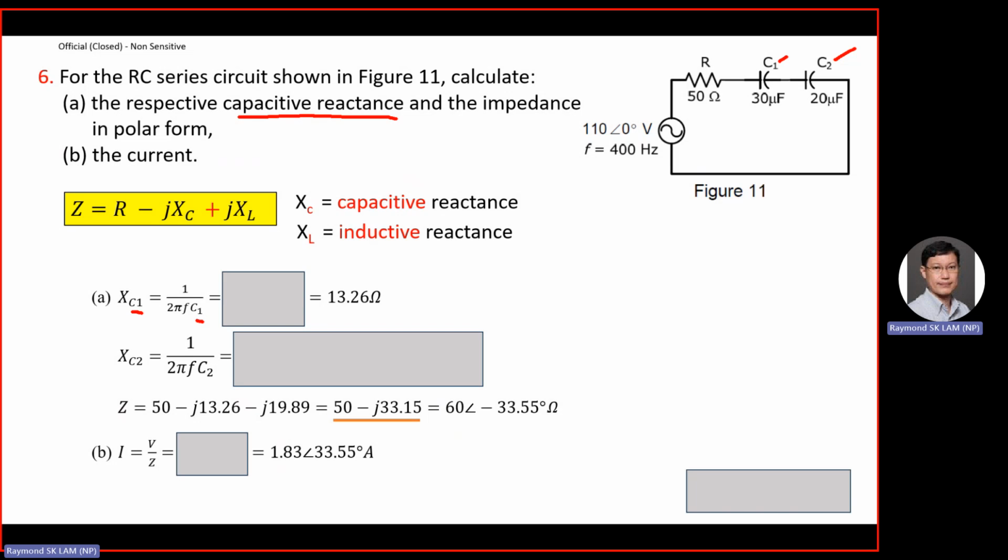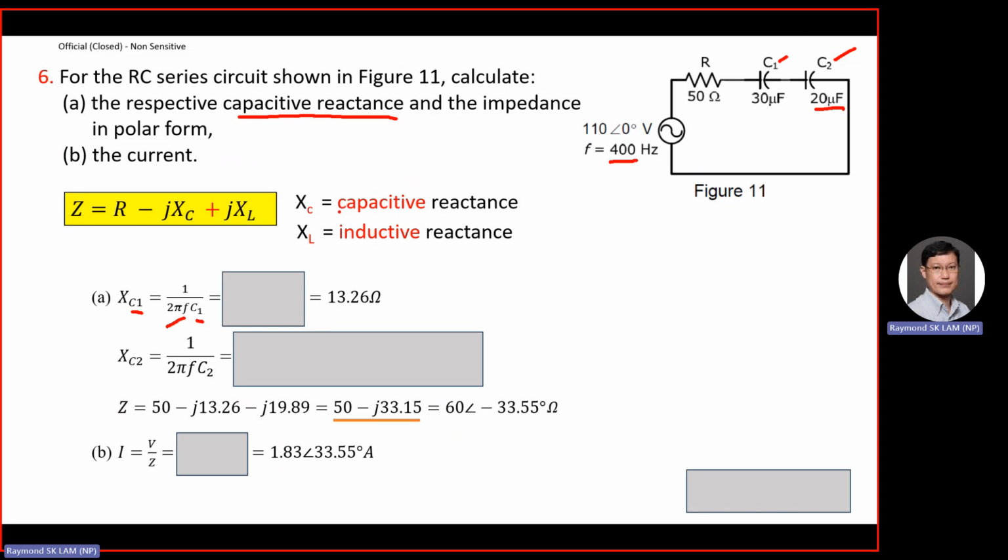Okay, so you substitute the frequency 400 into here. This frequency is 400. You should get 13.26. Then for the XC2, you apply the formula, you should be able to calculate. Okay, so C2 is 20 microfarad. So far, is it okay?